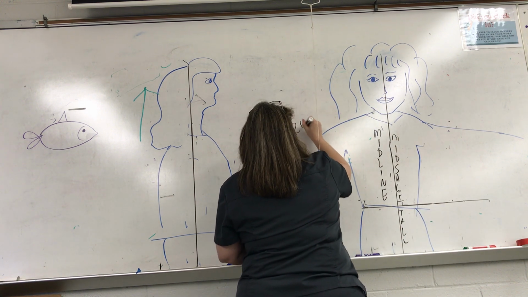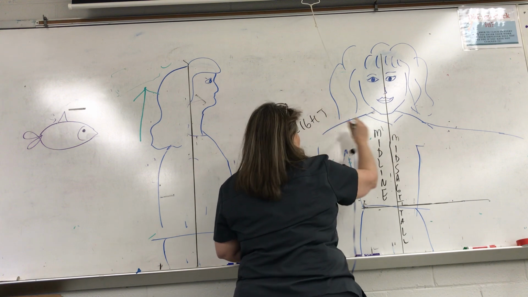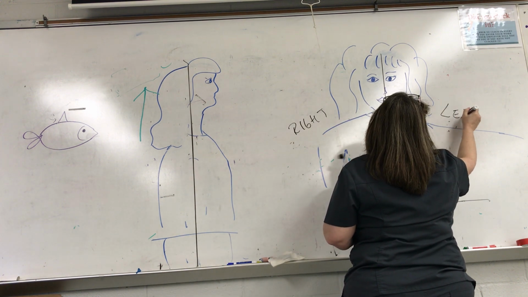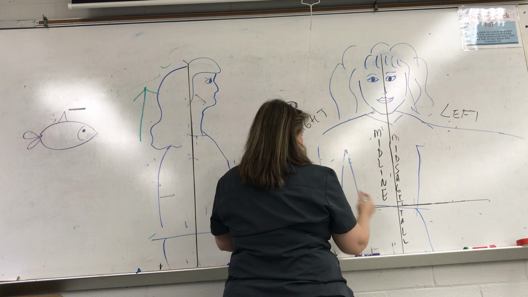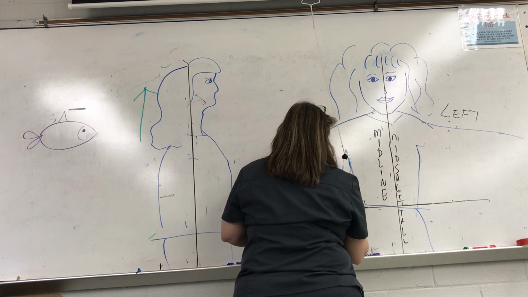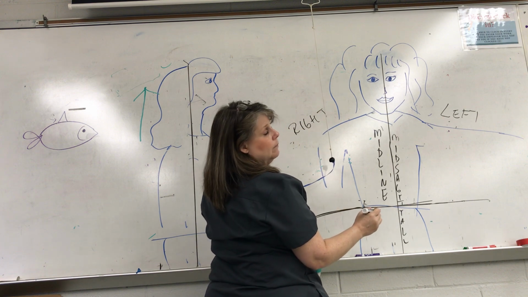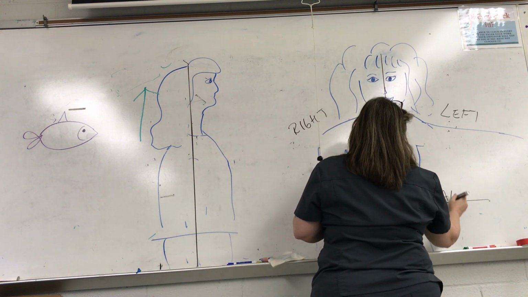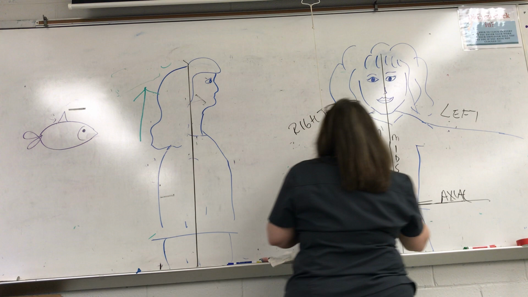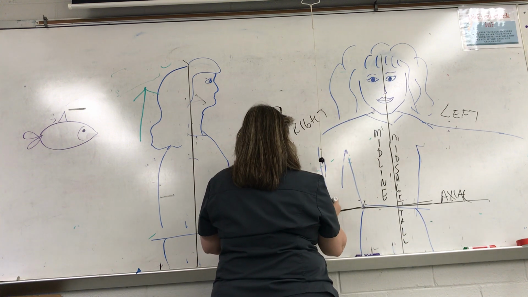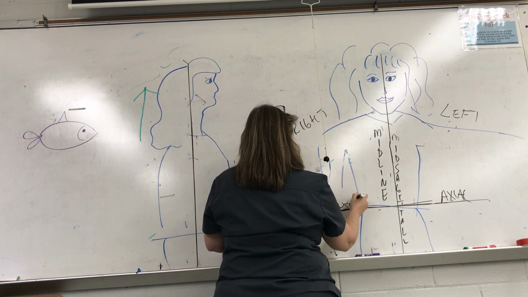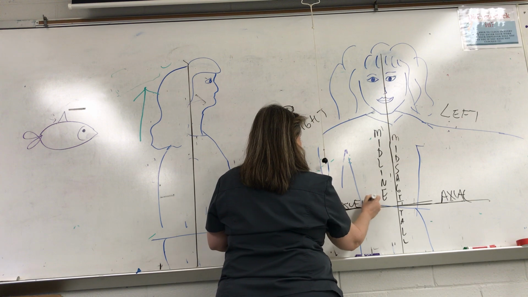Okay. So right, anatomical position is always your patient's right and left. All right. What is this line here? Axial. And it's also called what? Transverse. You'll hear it called transverse more than you'll hear it called axial.